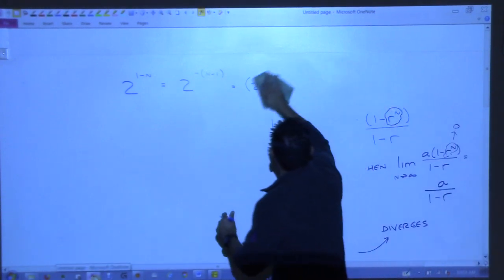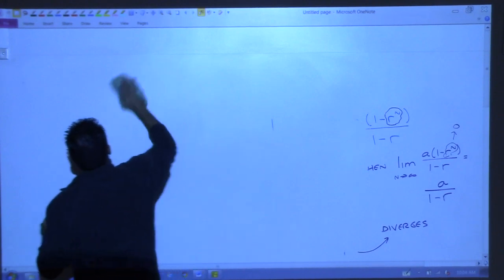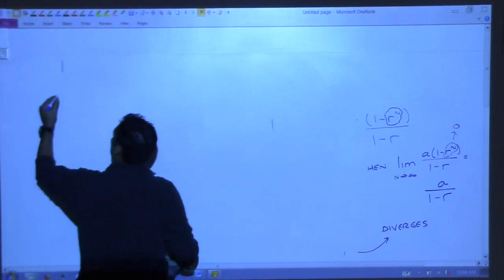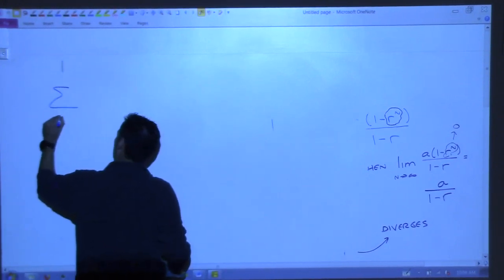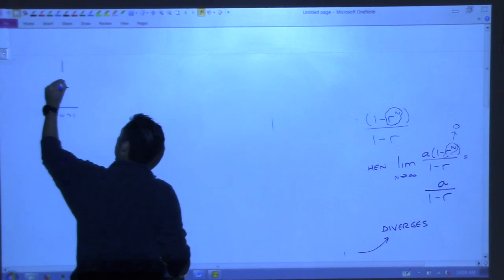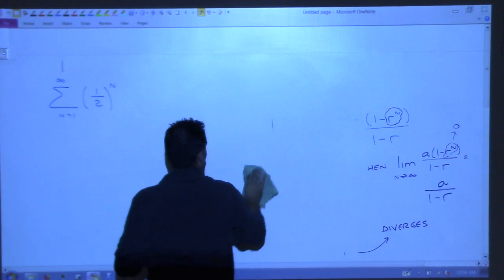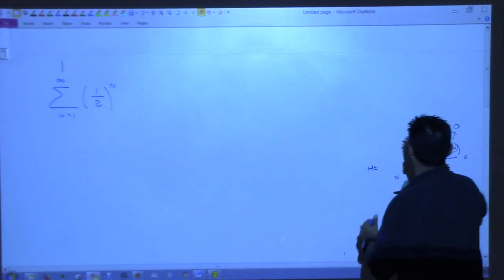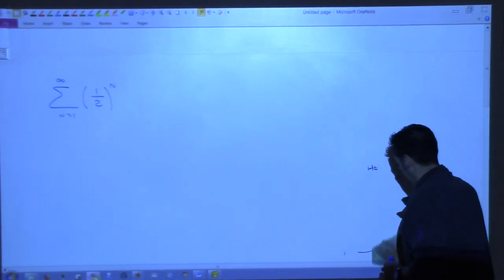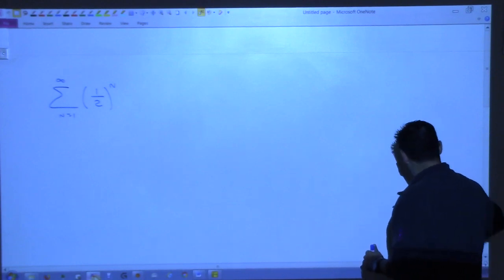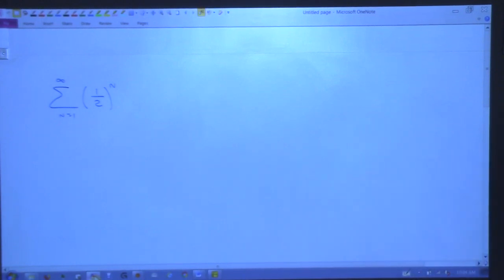How about this one? Sum n equals 1 to infinity of 1/2 to the n. So what are you thinking?